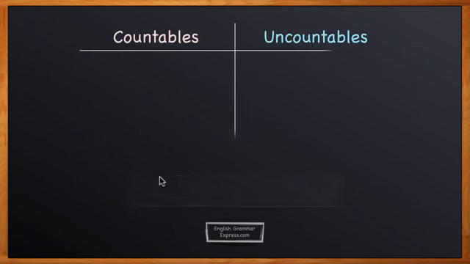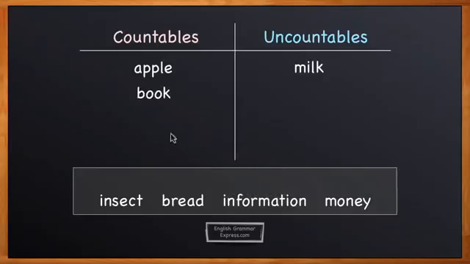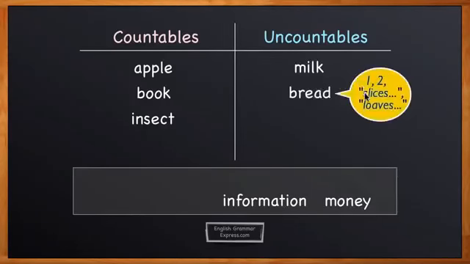Here are some more examples. Apple, we've seen, is countable. Milk, we've seen, is uncountable. How about book? Well, we can say 1, 2, 3 books, so it must be countable. It's the same with insect. It's countable. Now, bread, on the other hand, is uncountable, and if we want to count it, we would say 1 or 2 slices or loaves of bread.